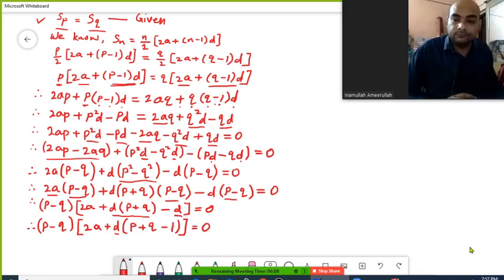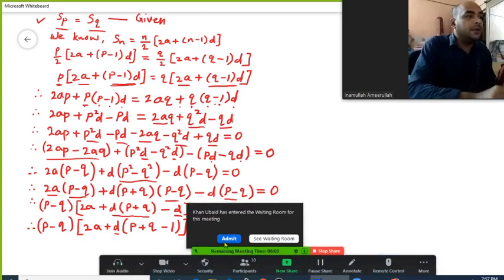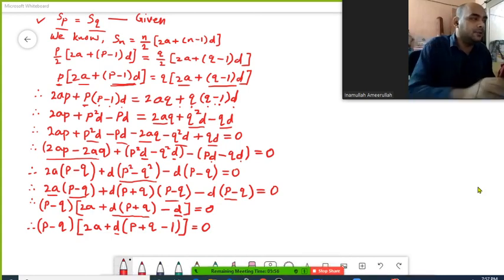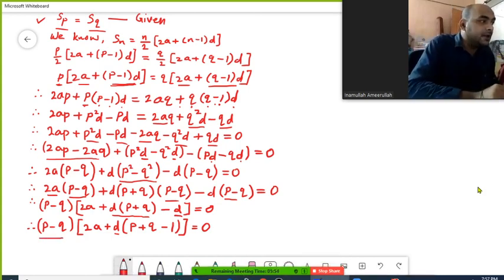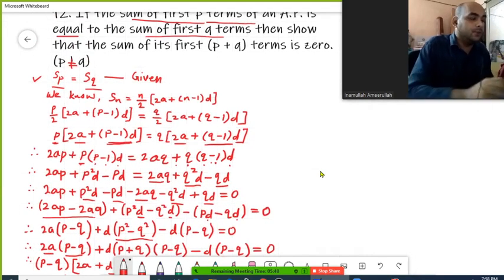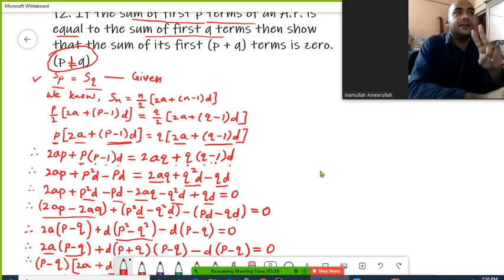Now, p minus q, this I'm talking about this p minus q, should not be 0. Why? Because the question says p is not equal to q. If two numbers are equal, then only their difference can be 0.